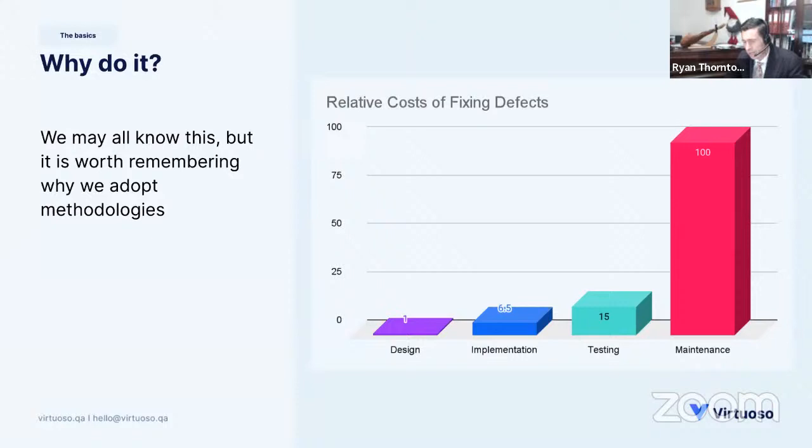What I think is powerful about BDD when done right is that you're not only finding out that you've built something that works, that it's a quality thing, and that you've built it in the right way. You also ensure that you've built the right thing, and I think that's really interesting. We'll touch on that. So if we can move to the next slide.